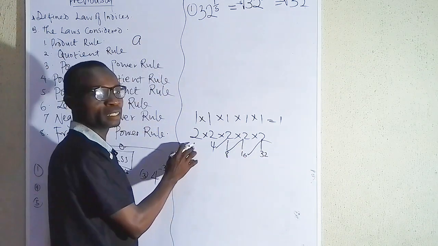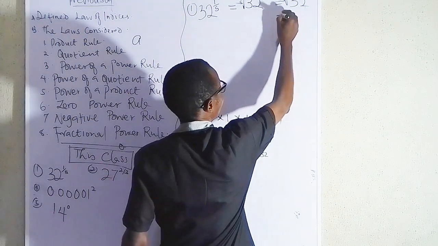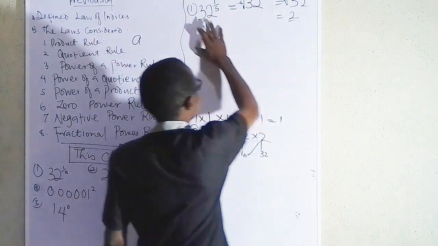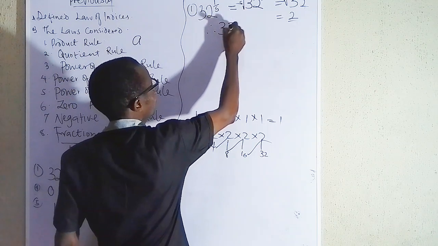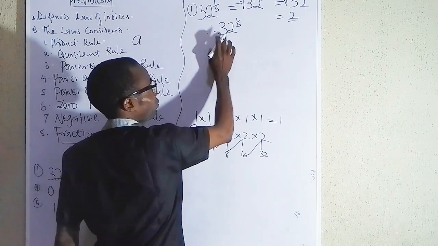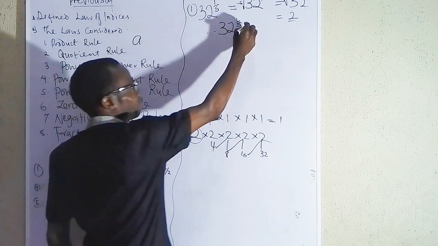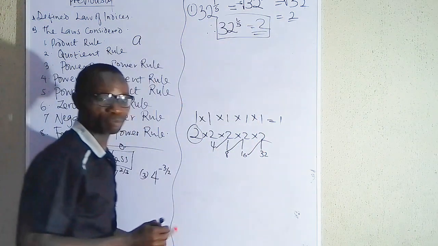So the fifth root of 32 is actually 2. Therefore 32 raised to the power of 1/5 equals 2. This is the answer.